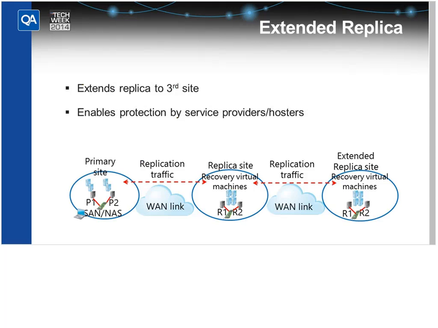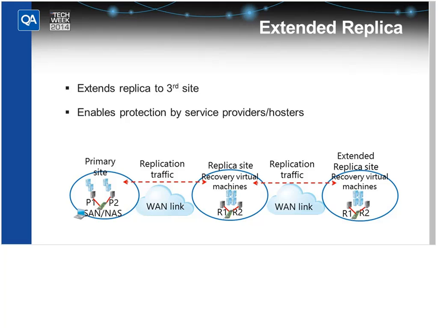You might have 2 data centers and a DR data center, so you might want to create your own circle of replication. Alternatively, and a fully supported configuration, and this is something Microsoft are discussing with a lot of hosters, is getting a service provider or a service hoster to host that additional copy of the virtual machine for you.